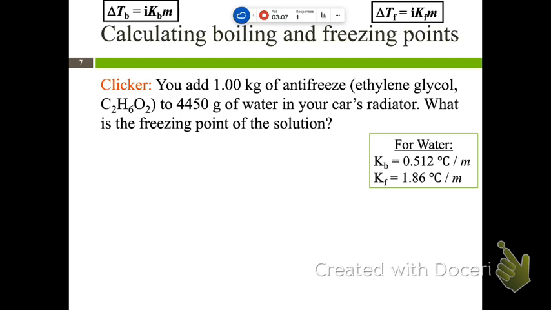Please include units in all your calculations and show all your calculations.